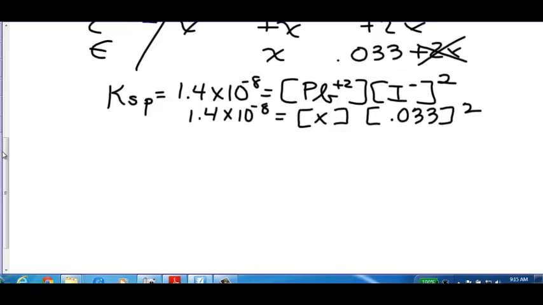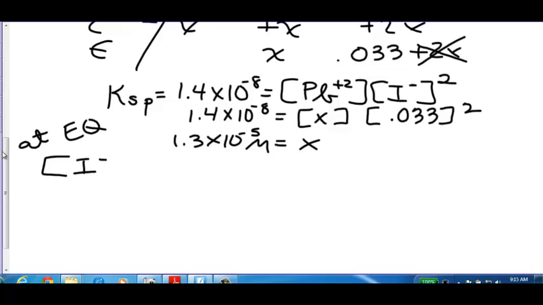And our x turns out to be 1.3 times 10 to the negative 5th molar.